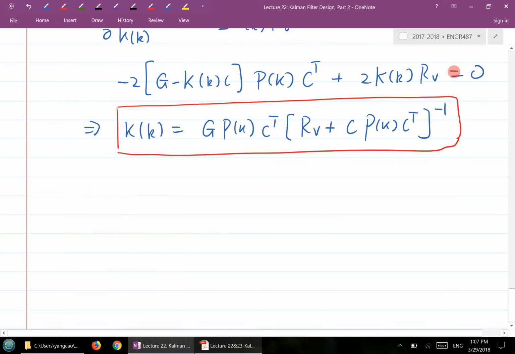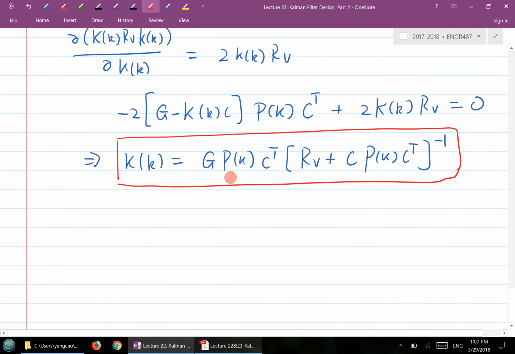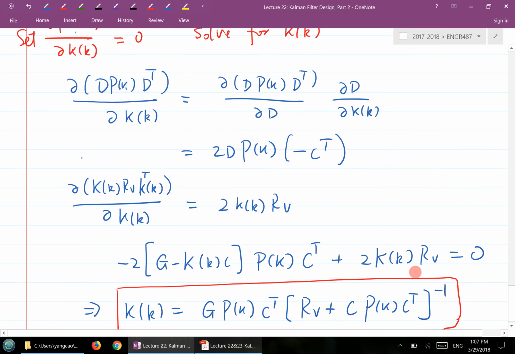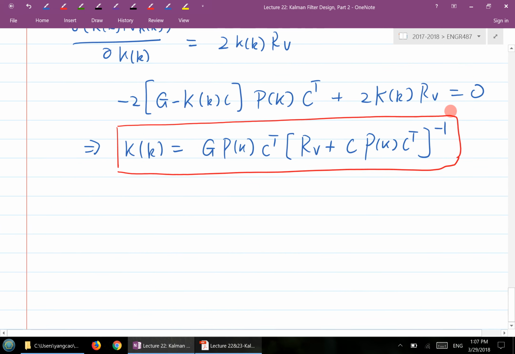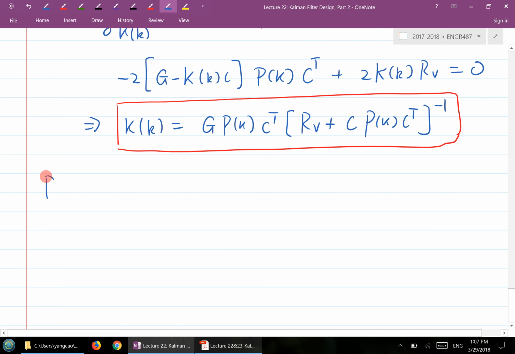But the gain K, as it appears, depends on capital P. So what we need to do is substitute this K back into the original capital P of k plus 1. By substituting back into this, and I'll skip a few steps now, P of k plus 1 can be simplified into the next expression.